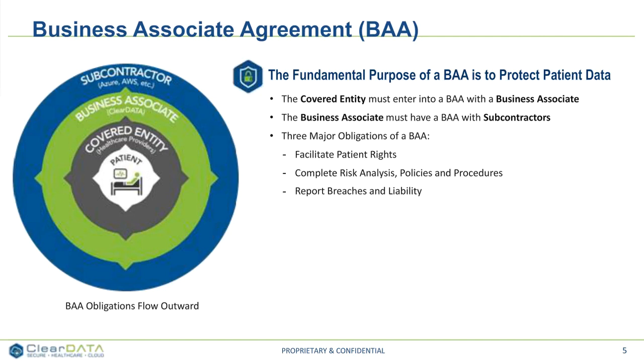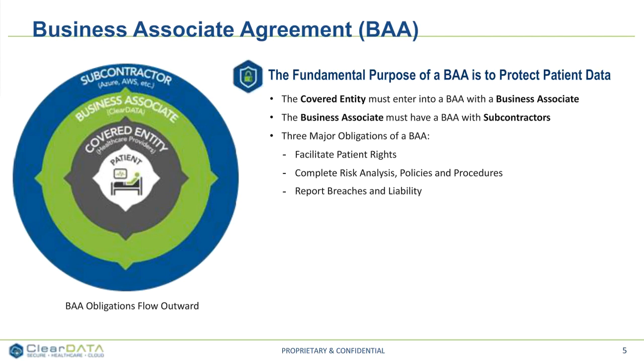As we know, the Business Associate Agreement has always been a requirement of a covered entity. We know that the Omnibus called that out. And there's really an obligation now as well that the business associate has an agreement of their own with the subcontractors. And so again, there's really three major obligations of the BAA. Patient is the center of this, and we're trying to facilitate the rights.